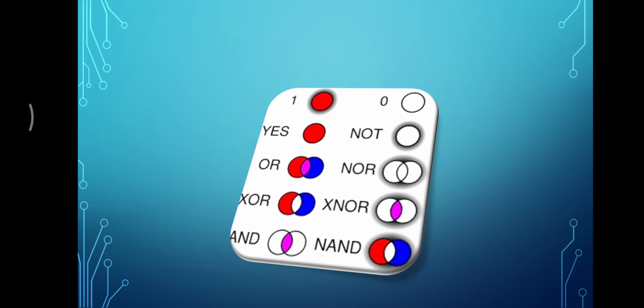You guys try making other types of gates, and if you have any issue, for example you want to create an XNOR gate and you weren't able to create it, you can connect with me with your circuitry. I can tell you what is the missing part in your diagram or your schematic, so that you can correct that. So let's try it at home and give me your feedback.